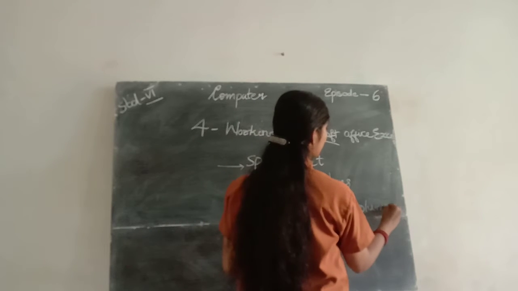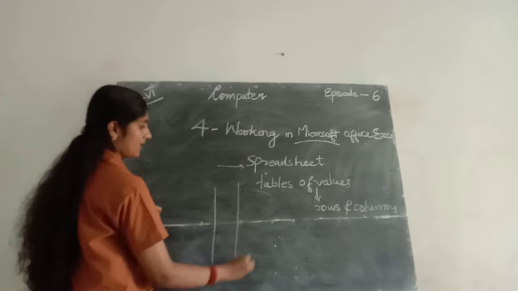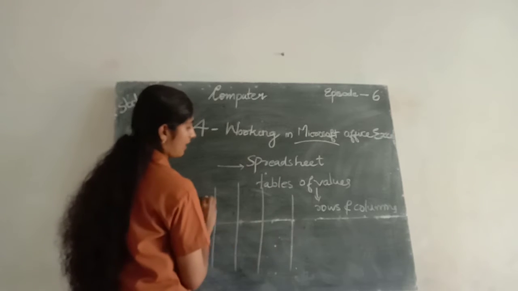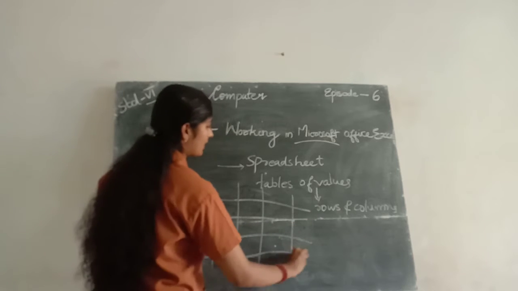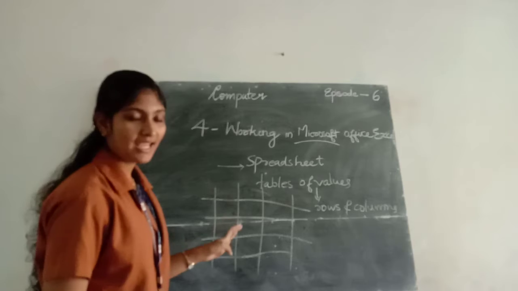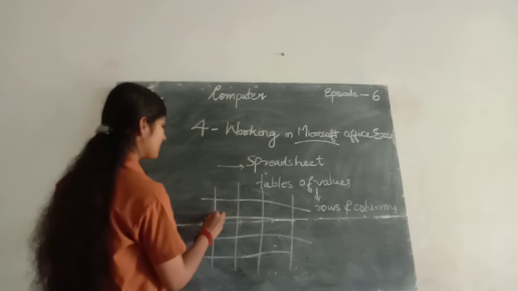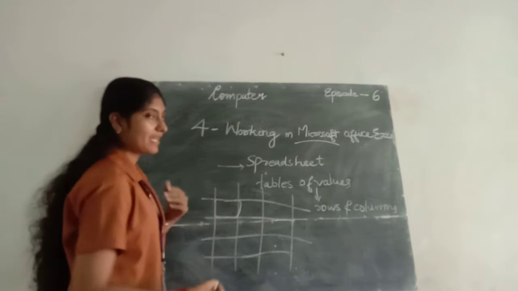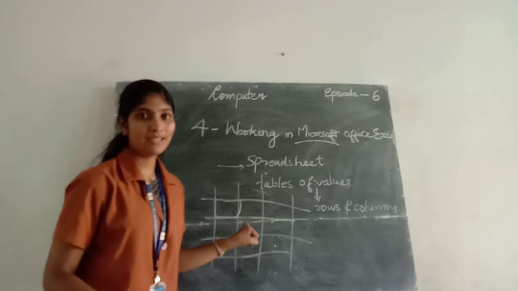Rows and columns means it's like this is a column and this is a row. So we can enter our data into rows and columns. There is an entry, so we can enter or put the data into each entry.